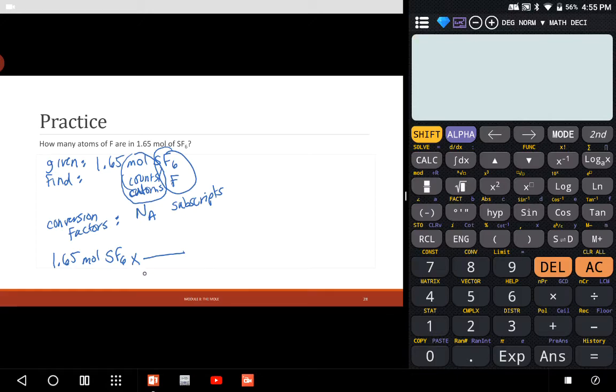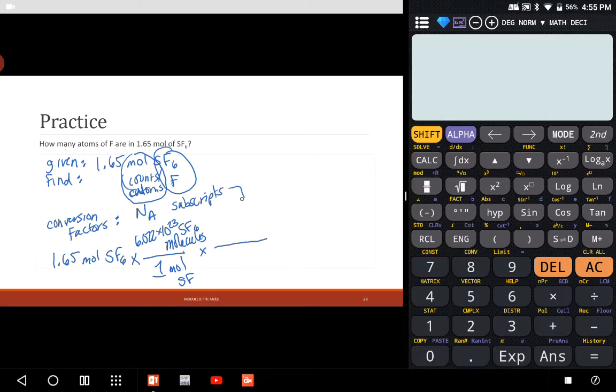no, not down there. I need to cancel out moles. I need to cancel out moles of SF6, and I'll get into molecules of SF6. And so that will be 6.022 times 10 to the 23rd power for every 1 mole.